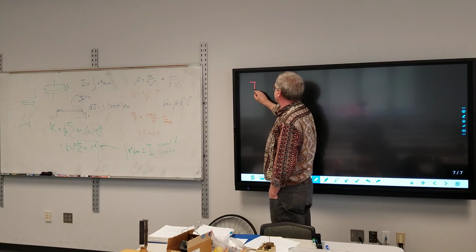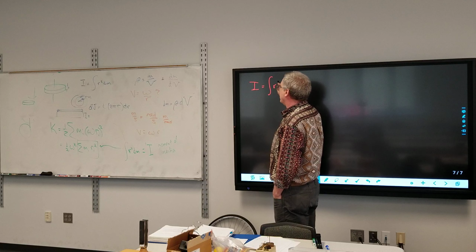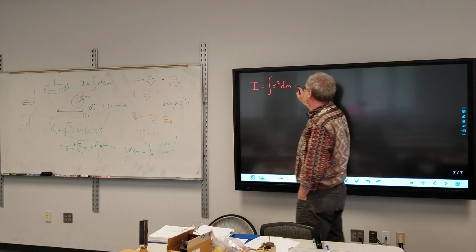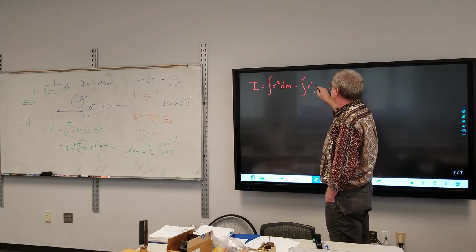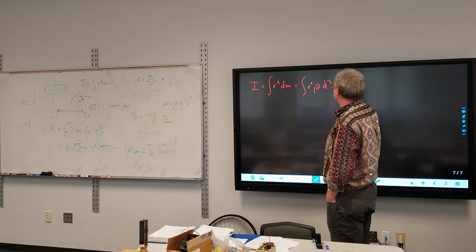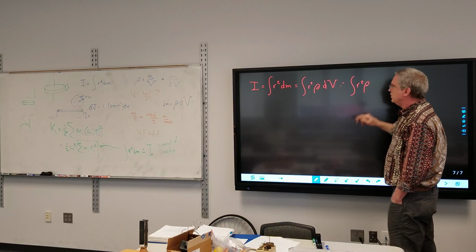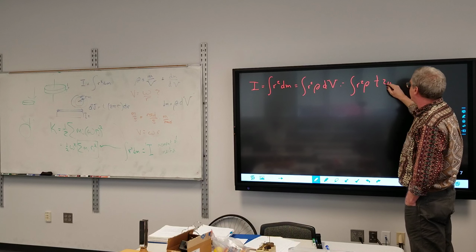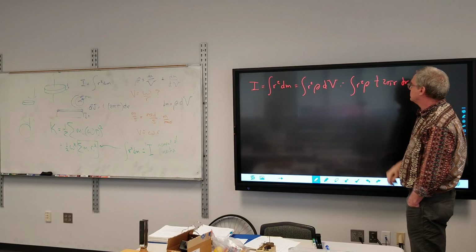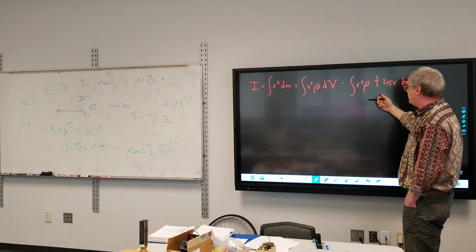So my moment of inertia is equal to the integral of r squared dm, which is the integral of r squared rho dV, which is the integral of r squared rho times t 2 pi r dr. All I've done is substitute in.